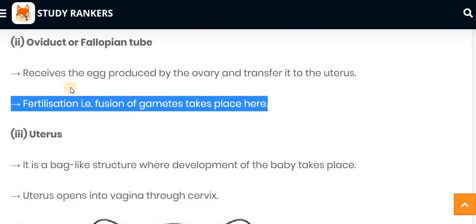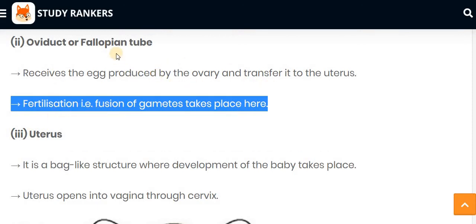That process is known as fertilization. Fertilization means the fusion of the male and female gametes. In the female reproductive system, we will see where the fertilization takes place.